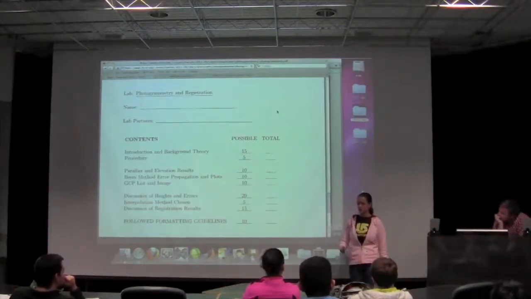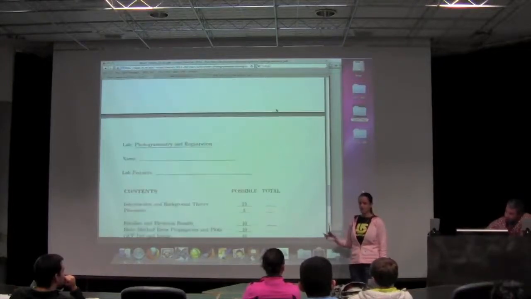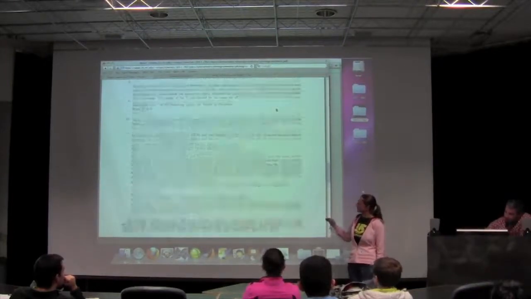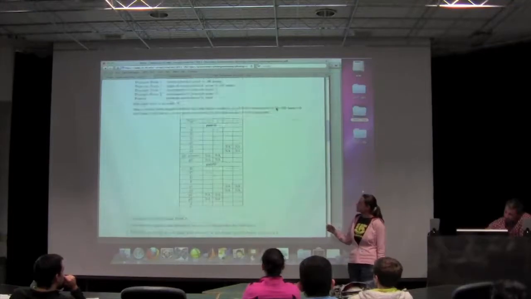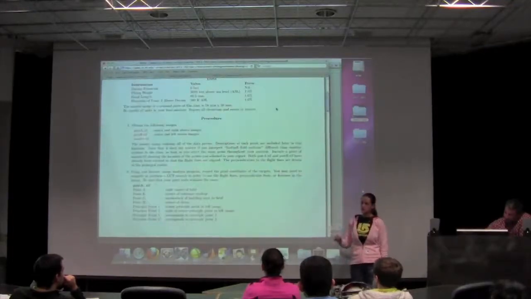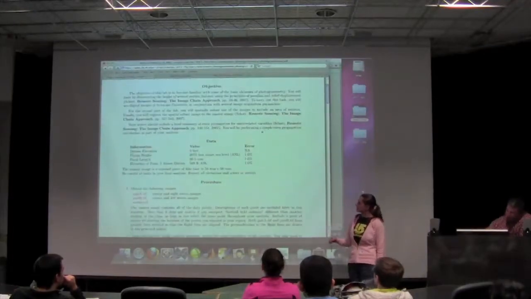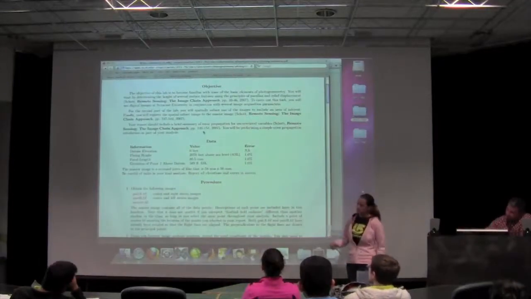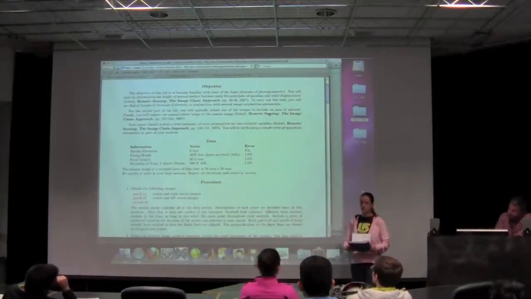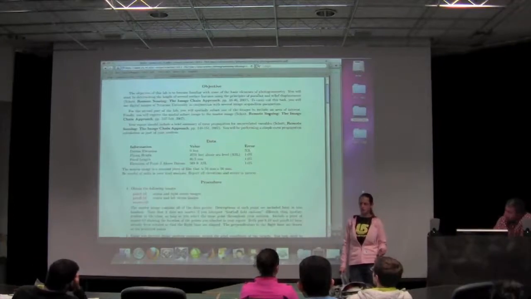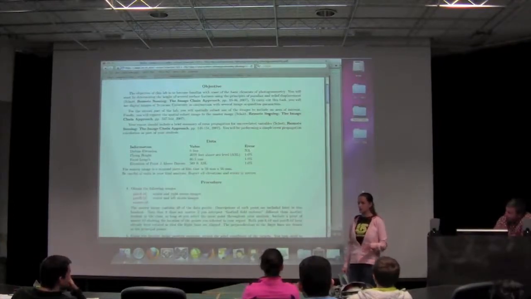The registration you probably haven't talked about, but just read through it. Like I said, the page numbers for all three of the things are in there. So read through those and look at it. There are some basic general equations that you probably want to include in your lab report. With the registration, ENVI is going to actually do all the registration for you, so you never really have to use those equations.